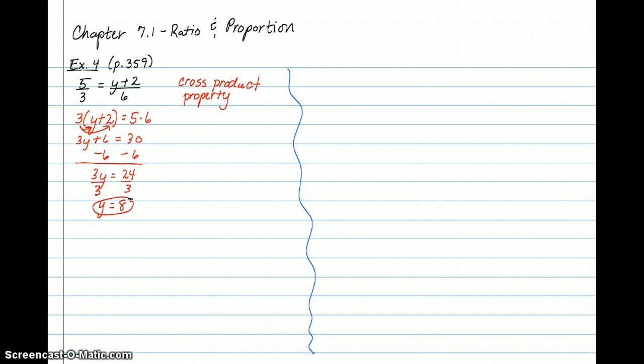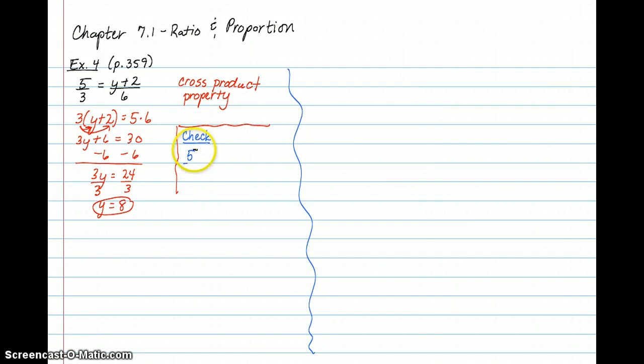You can check this really quickly. You just simply substitute in. If you weren't certain you got the right value for y, you would check it.